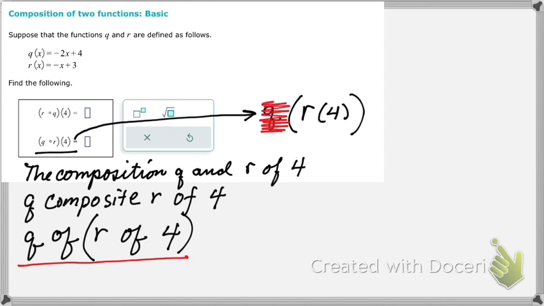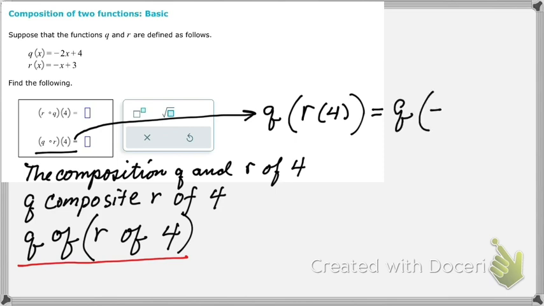Would you know what to do with R of 4? I hope so. R of 4 means I'm going to plug in a 4 for x, and I would get -4 plus 3, which is -1. So now I know that R of 4 is -1, and I can do that substitution.